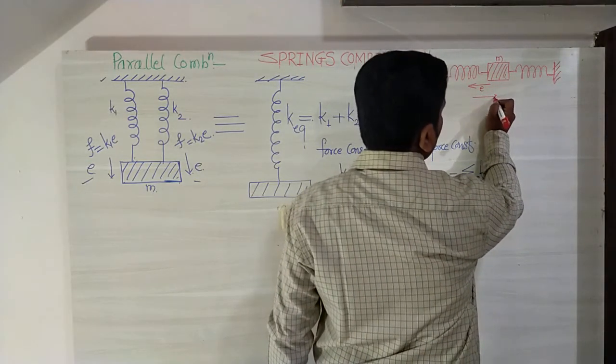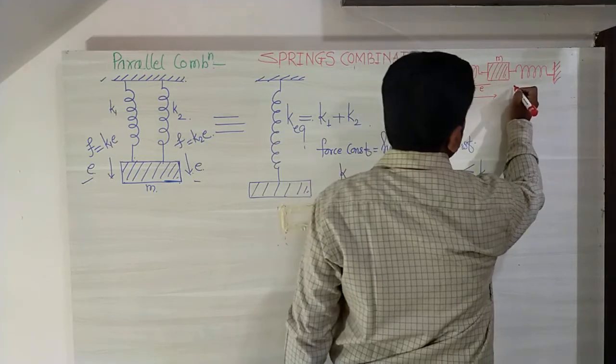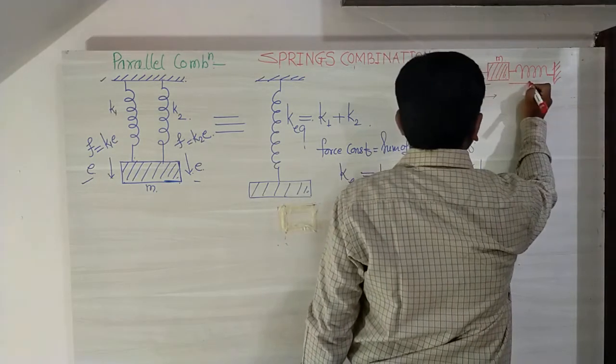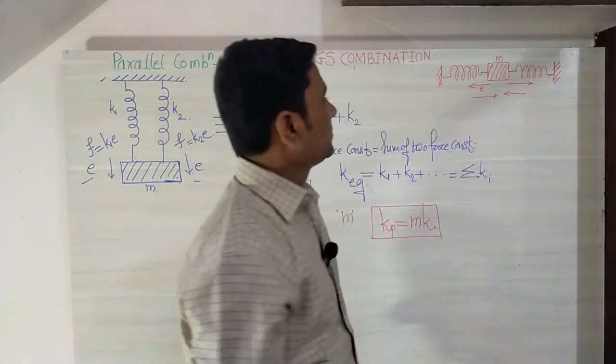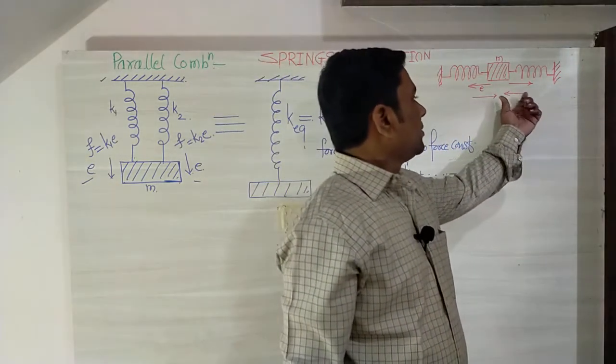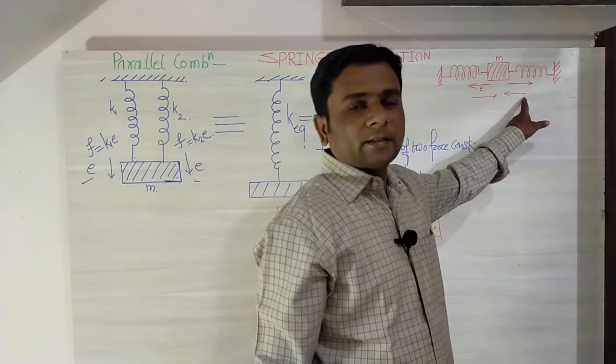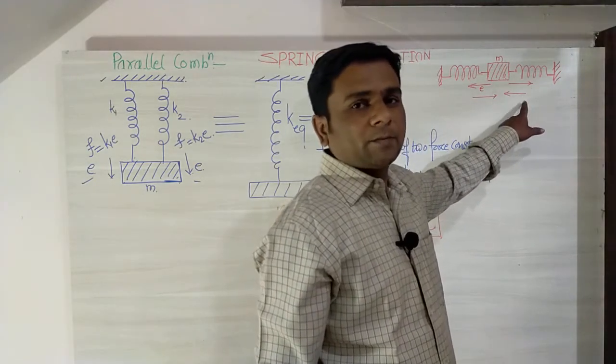So F is equal to minus kx. If the extension acts in this direction, the force acts toward the mean position, opposite to that extension or displacement.